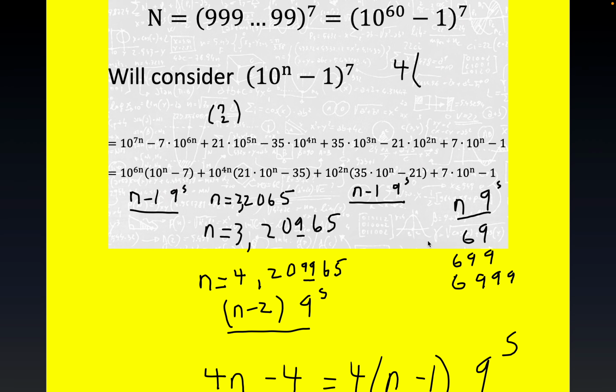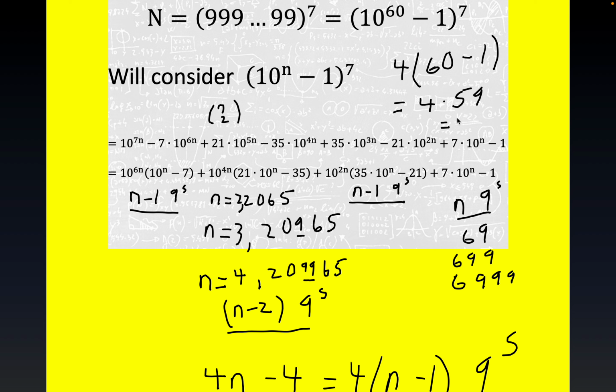So that would be 4 times 60 minus 1, equals 4 times 59. 4 times 59. And I'm getting 236.